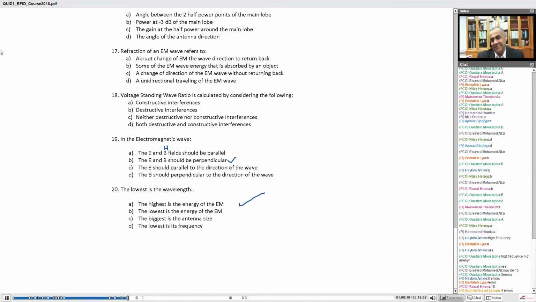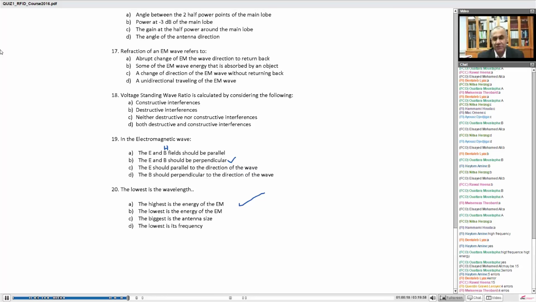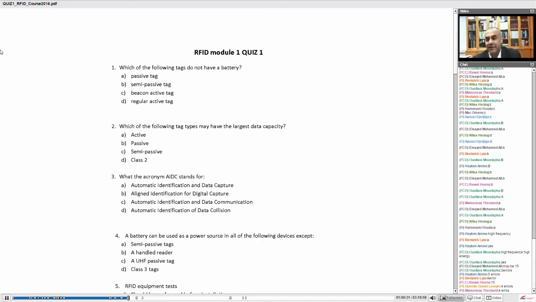Okay, 5, still good. 4 is good. If you have more than 5, it's not good. Tomorrow will be tough, more tough than today. So just be focused in the course of today.